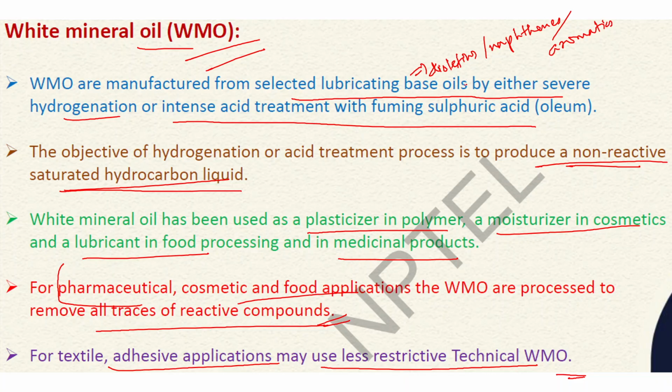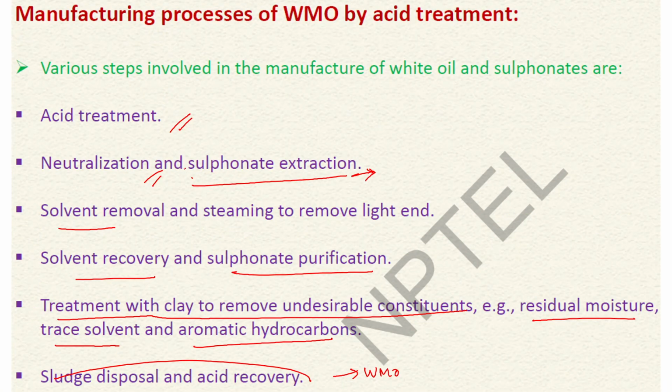This lubricating base oil is firstly treated with strong acid, that is, with oleum, which releases some amount of sulfonates, suppose Na2SO3. After treatment with acid, neutralization is done, which releases this sulfonate.